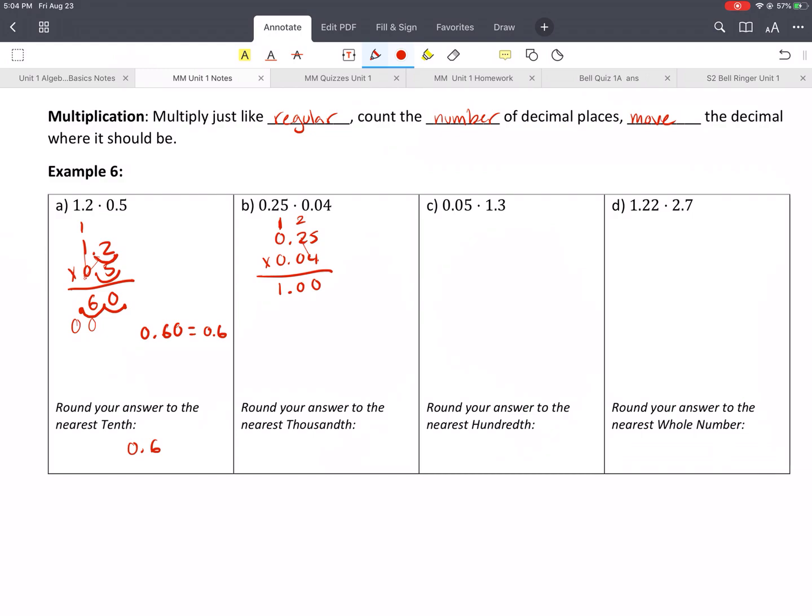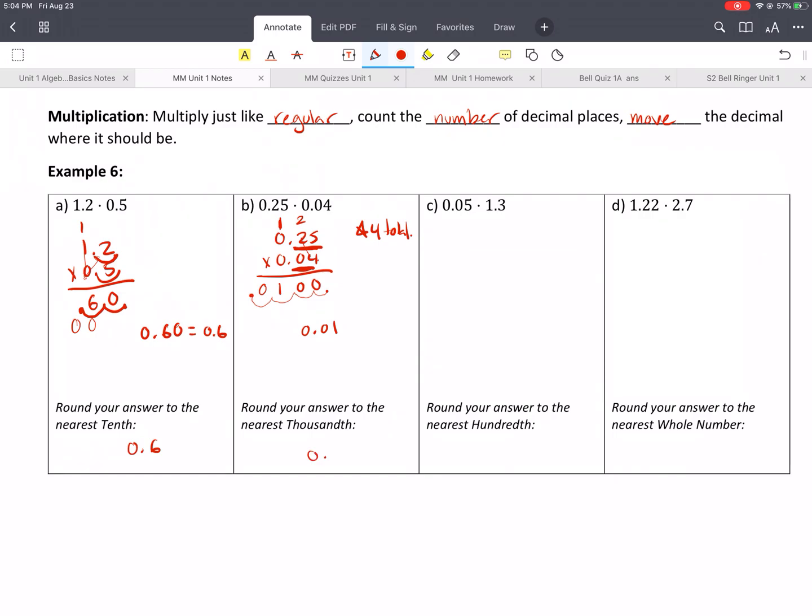Or no, sorry, I missed that part. Okay, so since we have 2 decimal places and 2 decimal places, that gives us a total of 4. So we come here and we move over 4 times. 1, 2, 3, 4. And we just put a 0 in there. So that would give us 0.01. It says round to the thousandths. Well, it still gives us the same thing.